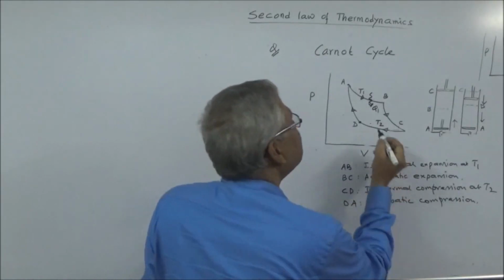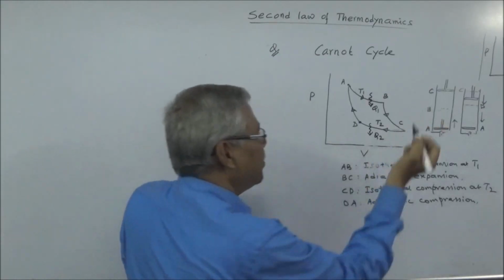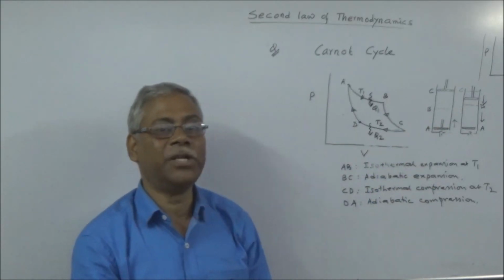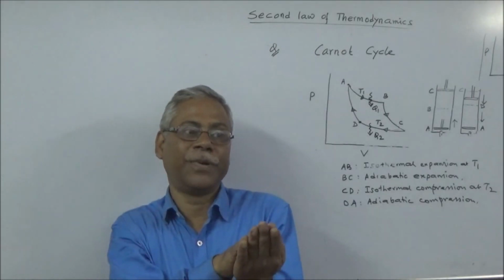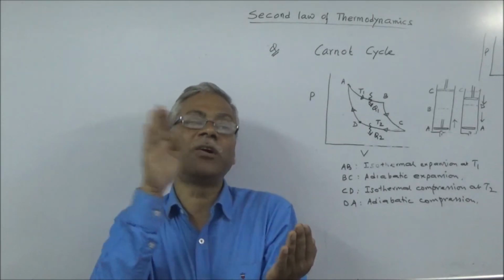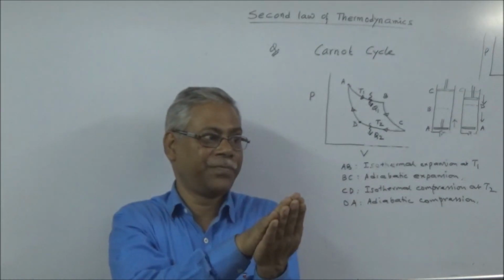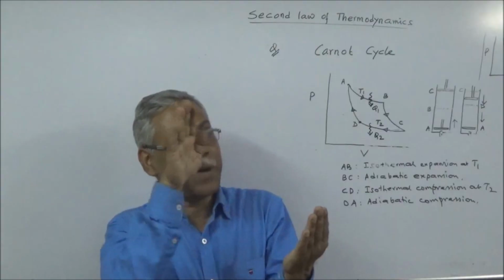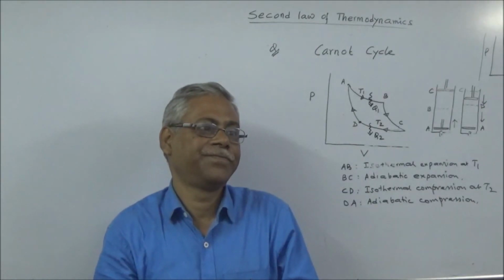So in this step, heat is being rejected by the engine. So one stroke expansion, the other stroke compression. Total compression is done in one stroke, but there are 2 stages of compression. Similarly, expansion is done in one stroke, but there are 2 stages of expansion.